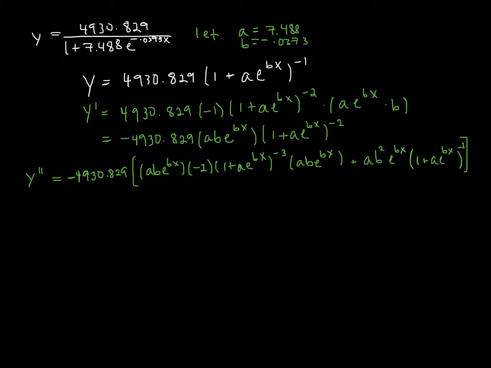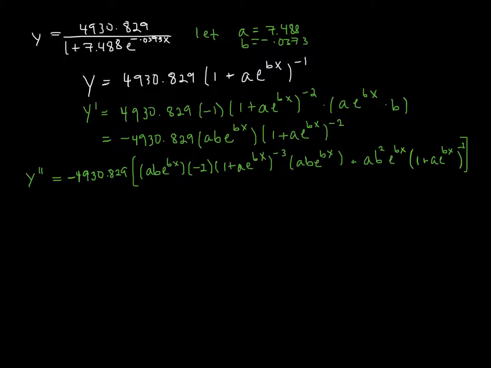Here we have ab e to the bx times the derivative of this here, which is negative 2, 1 plus a e to the bx to the negative 3, times the derivative of the inside, which is a e to the bx, times the derivative of bx, which is b. So it'll be ab e to the bx.